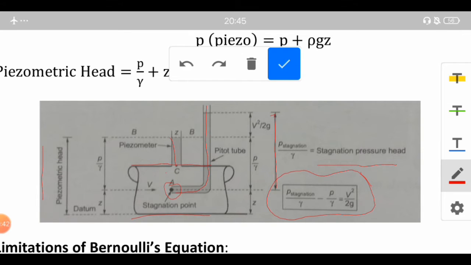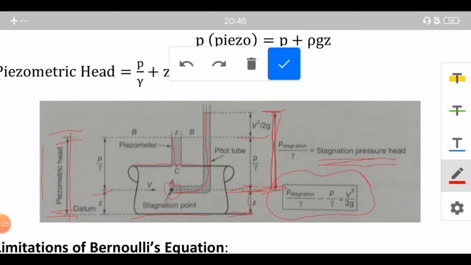So from the datum, the piezometric head will be measured, and therefore this total height is known as the piezometric head, whereas the stagnation pressure head is measured from the stagnation point up until which the fluid has risen in the pitot tube. So this is the stagnation pressure head, and this point where the pitot tube is kept is at a height of z from the datum. So this is the elevation, and therefore the next height is the P upon gamma.